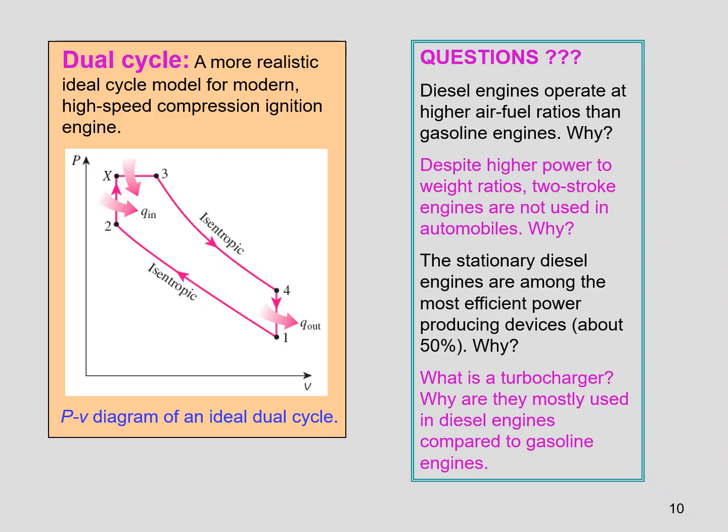So 2 to 3, or 2 to X and X to 3, is heat addition, and 3 to 4 is isentropic expansion, similar to the isentropic compression in 1 to 2, and 4 to 1 is heat rejection. So in two places we have constant volume and constant pressure heat addition. Both heat additions we have in the dual cycle. More detail about the dual cycle and its formulas we will discuss in the next class. Thank you.